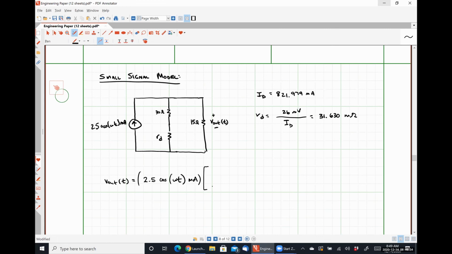So that is going to be 30.031630 ohms. So that's 30 in series with RD multiplied by 15 ohms divided by 30.031630 ohms plus 15 ohms.